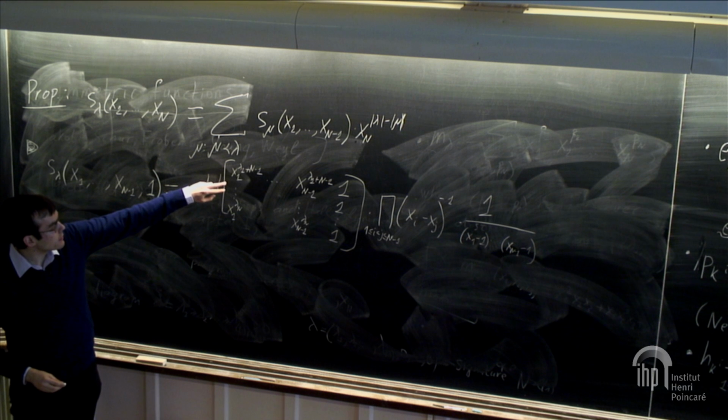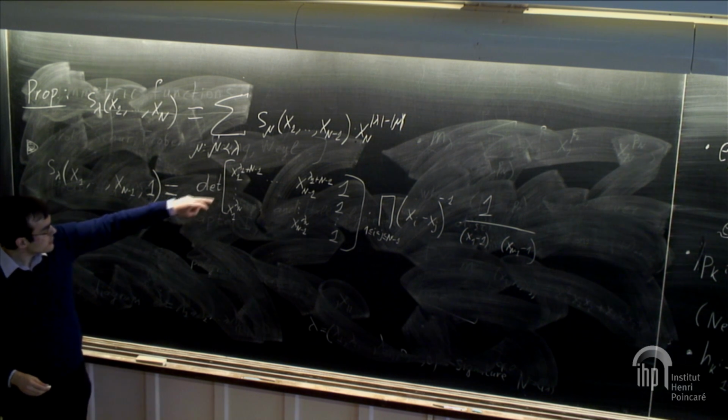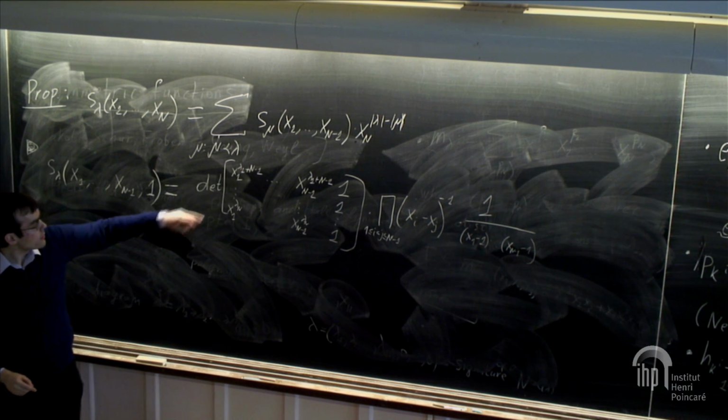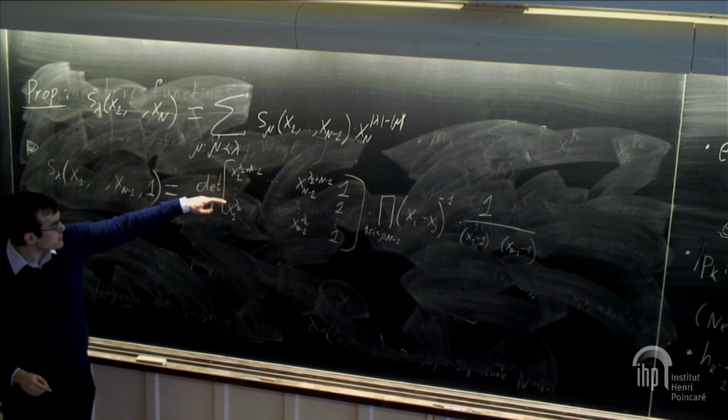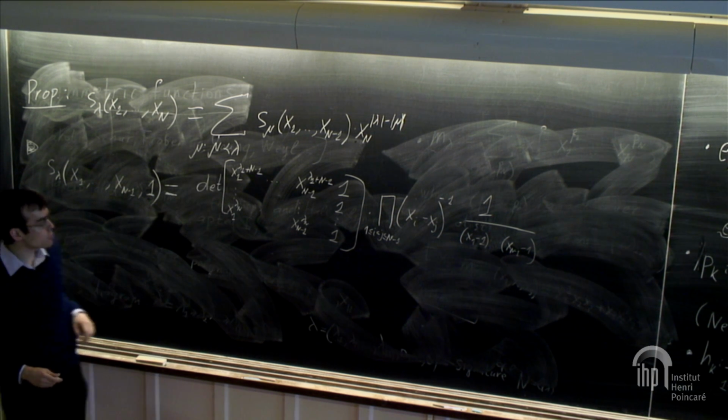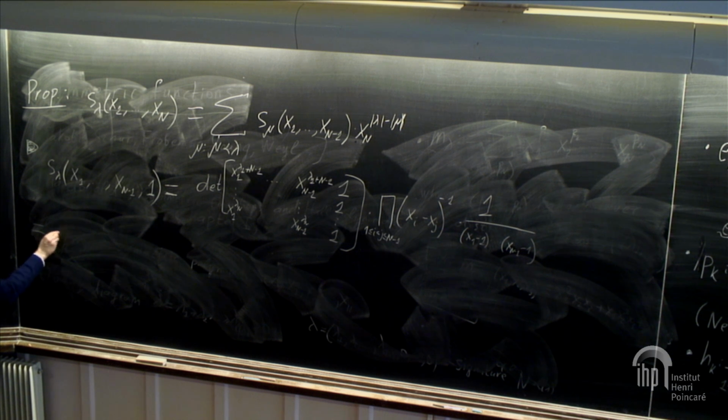I will subtract the second row from the first row, the third row from the second row, etc., the nth row from the (n minus first) row. These transforms will not change the determinant.